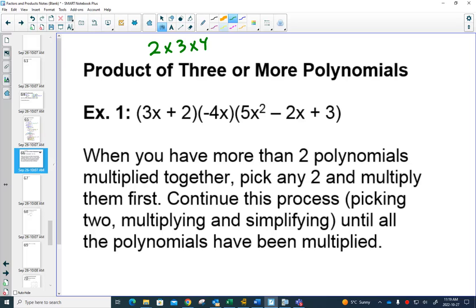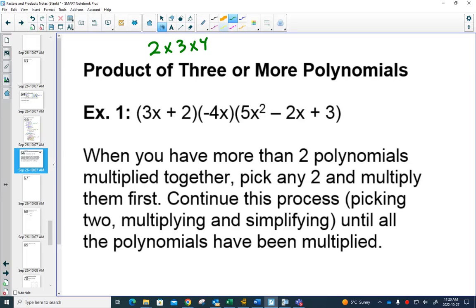Sometimes what makes harder math easier is if you pay attention to how you did the easy math. But sometimes the easy math is so easy that you don't pay attention to what you did. What you did when you did 2 times 3 times 4 is you probably did 2 times 3 and got 6. And then did 6 times 4.